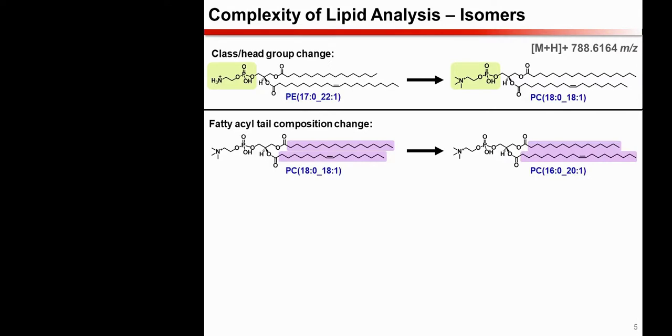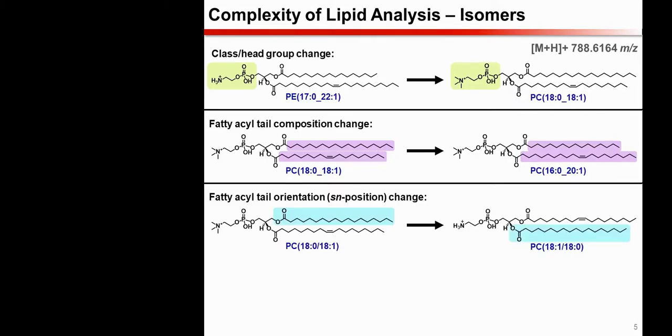And then we can also get isomers from a change in the fatty acyl tail composition. So here we have the same total number of carbons and the same total degrees of unsaturation, but the actual tails themselves are different, like this PC 18:0_18:1 and then 16:0_20:1. And in most cases, this is the level of speciation that we can achieve with our current technology and the workflow that we're using.